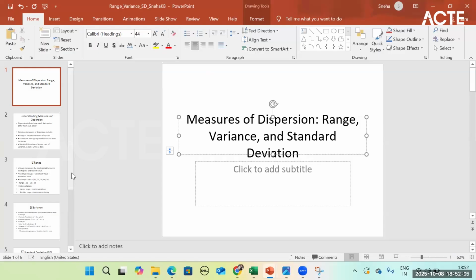Now, to understand how the values are dispersed in my data, I will see a measure of dispersion that can be calculated using range, variance, and standard deviation. These are the three different measures with which you can understand how the data differs in my data set: range, variance, and standard deviation.